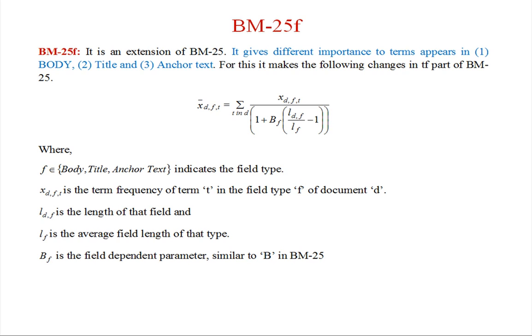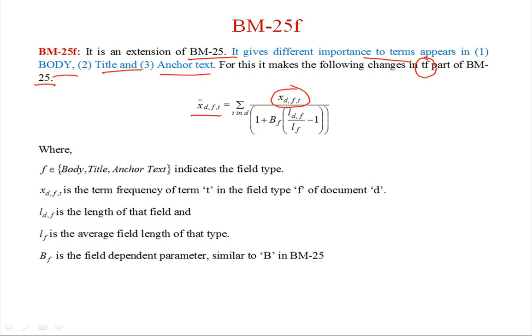BM25F is an extension of BM25 that gives different importance to terms appearing in the body, title and anchor text. For this, it makes the following changes in the term frequency part of BM25. Now the term frequency part will be a sum over fields.